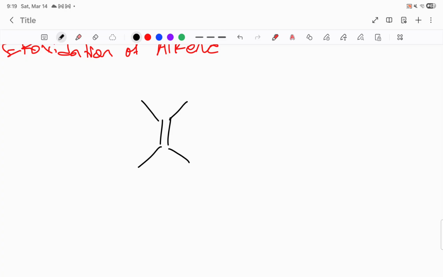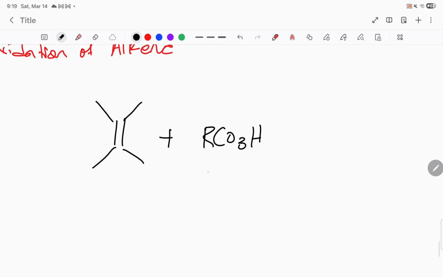So reacting this with a peroxy acid, which, by the way, is RCO3H. This is a peroxy acid.